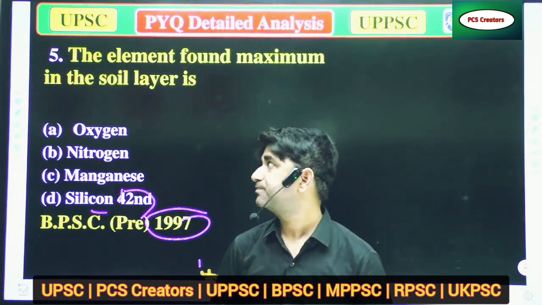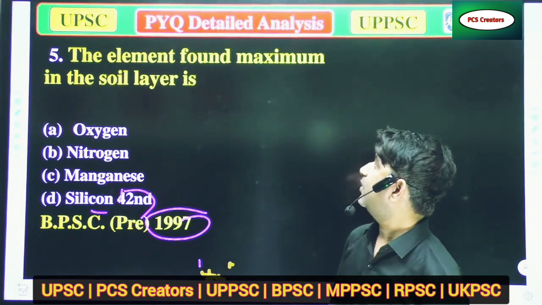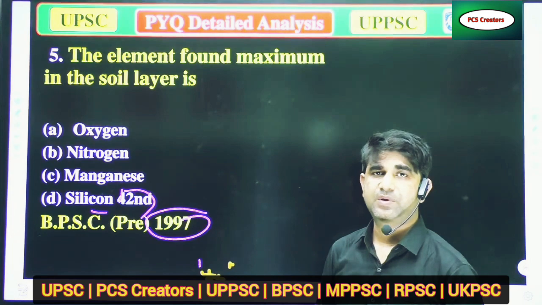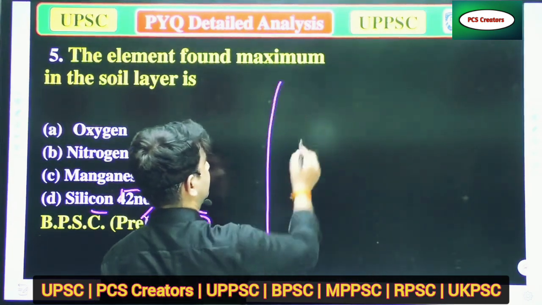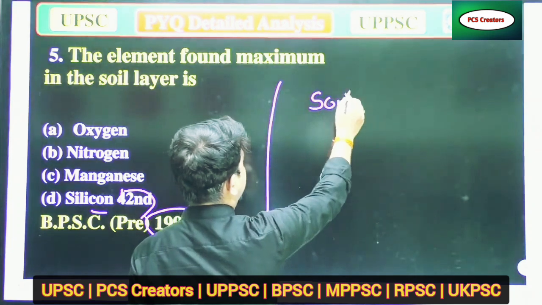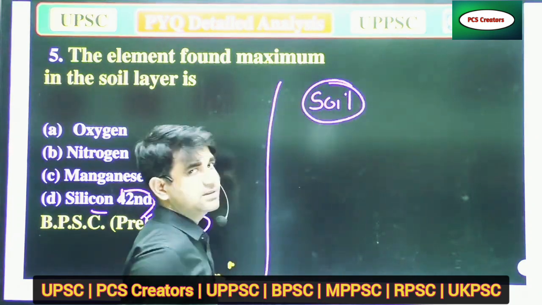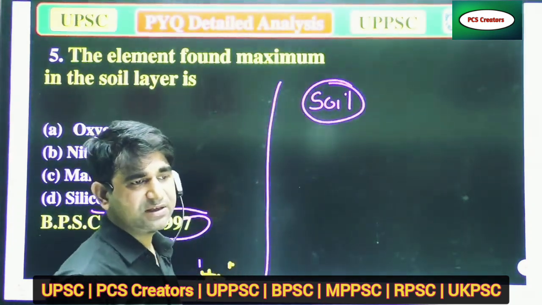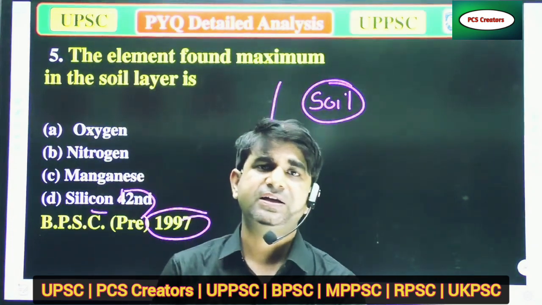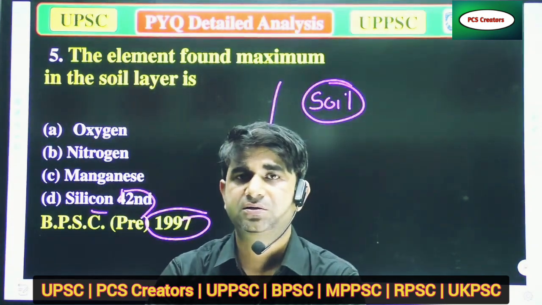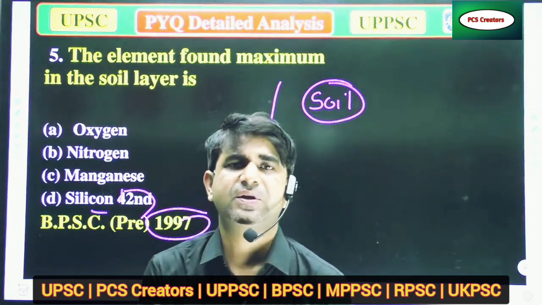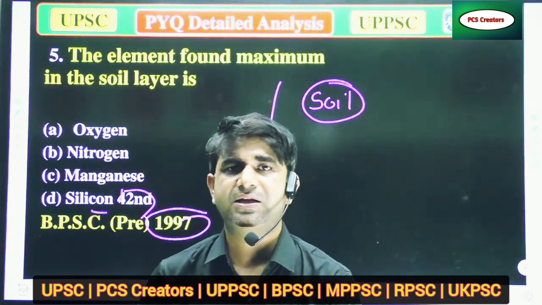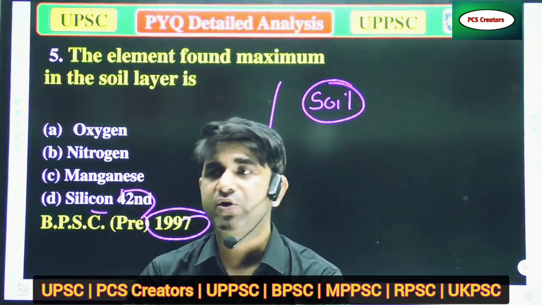Again, I'm saying, the element found maximum in the soil layer, because I think you have been aware that soil has various layers, and about 118 elements are found on the earth. Some have been synthesized in the chemical labs, but maximum are found in the earth.